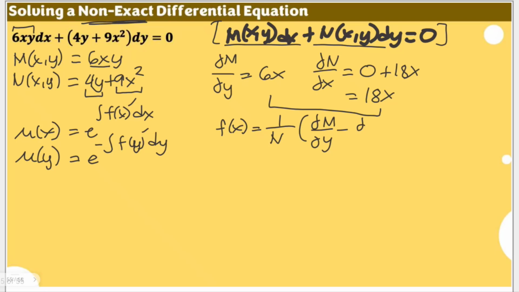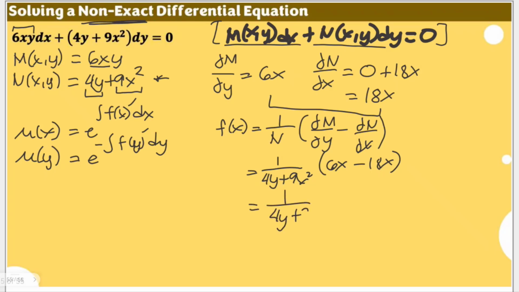That's why we shared here the expressions for the partial derivatives, so that we could present f of x or f of y if possible, whichever is easier. So you have 1 over your N, which is 4y plus 9x squared, times 6x minus 18x. So you will have 1 over 4y plus 9x squared times negative 12x.